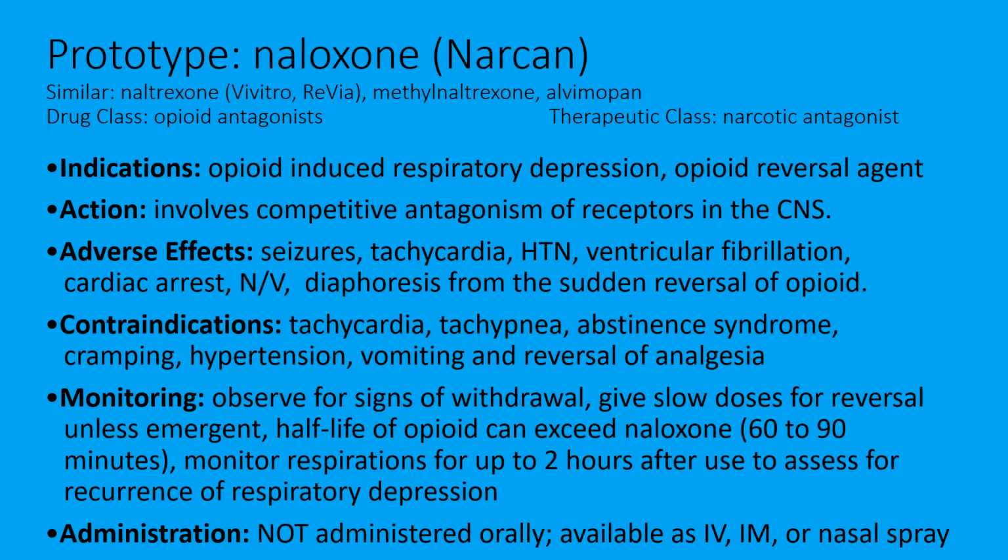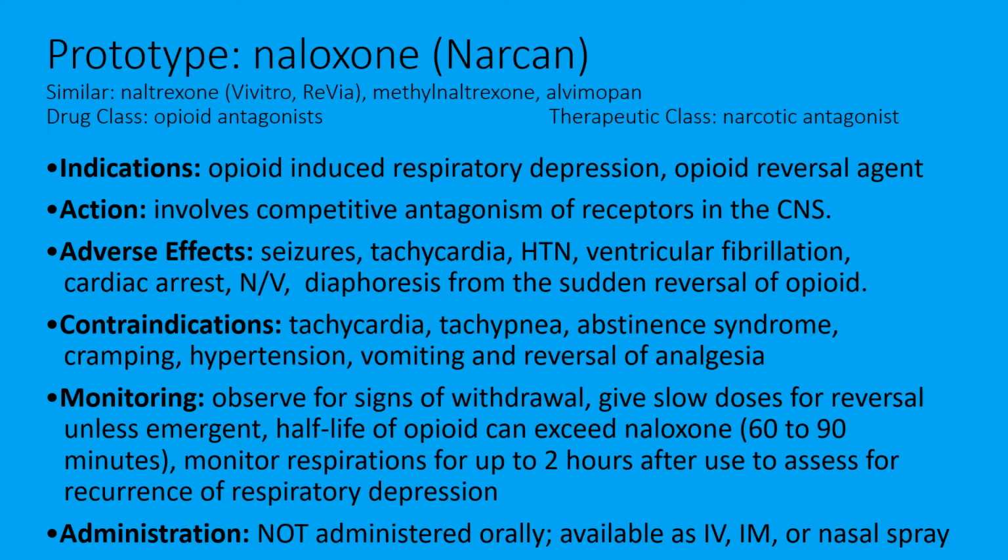Okay. So again, for opioid-induced respiratory depression, reduced level of consciousness, anything where the body has significantly been impacted, the respiratory or cardiovascular or central nervous system effects of the opioid can be reversed with this drug.